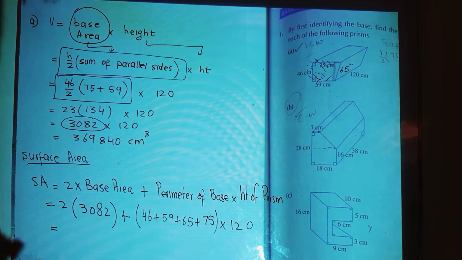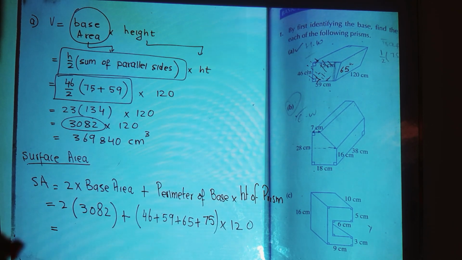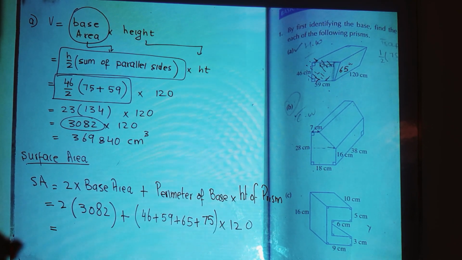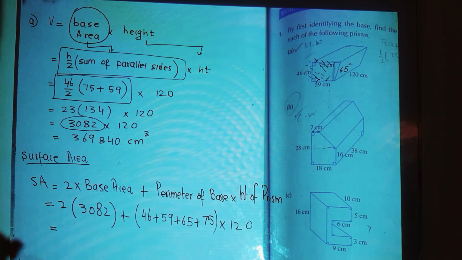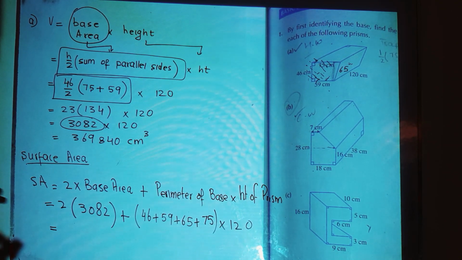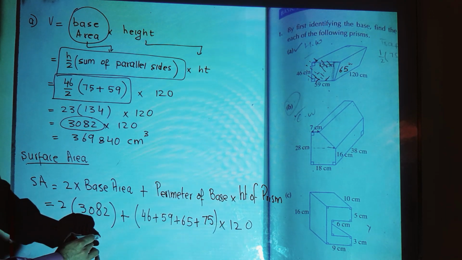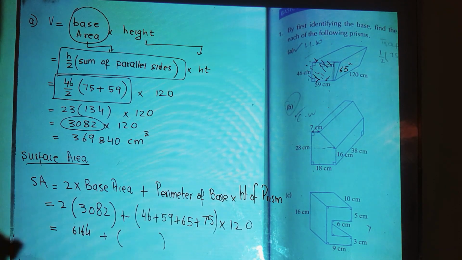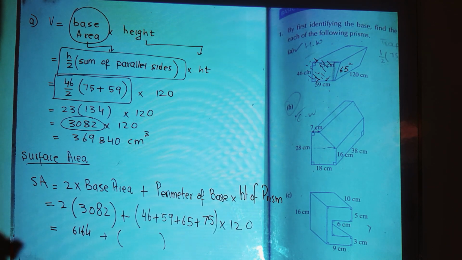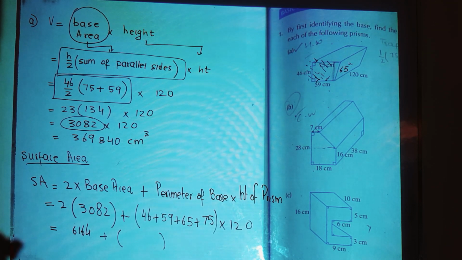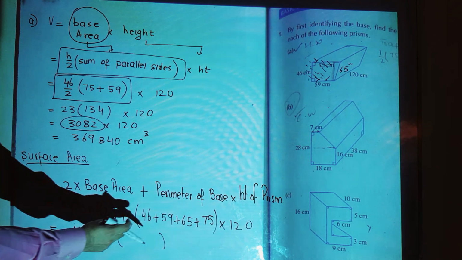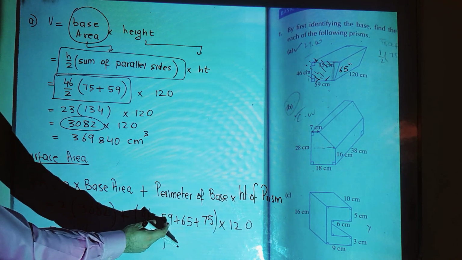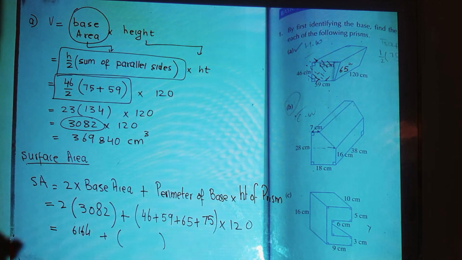So you can do the calculation. 3082, which is the base area, multiplied with 2 will give you 6164, plus add all these boundaries, the perimeter: 46 plus 59 plus 65 plus 75 gives you 245.